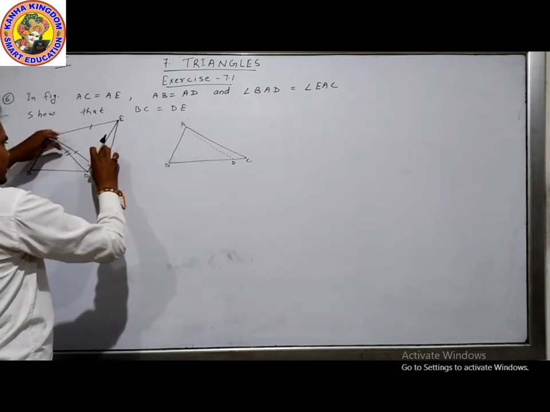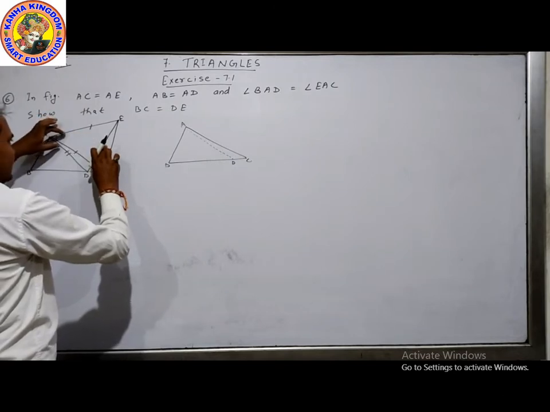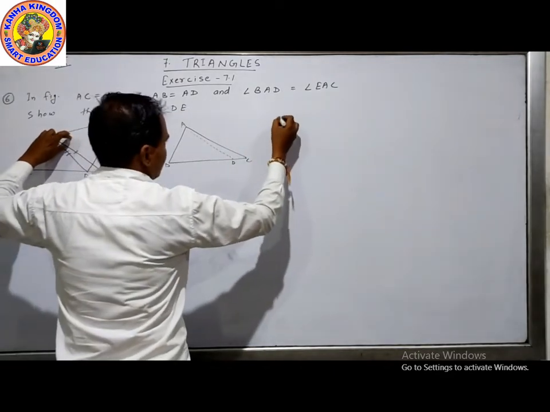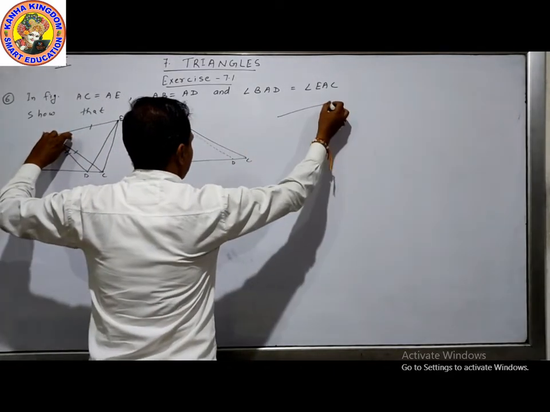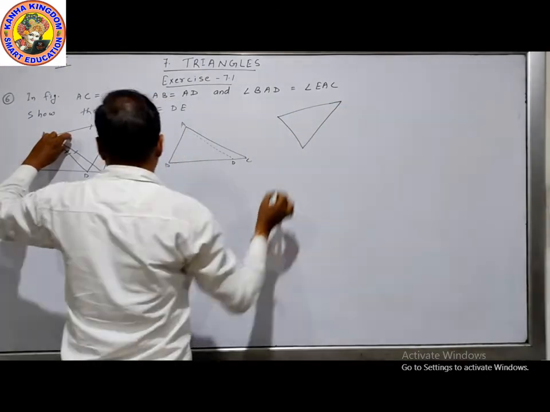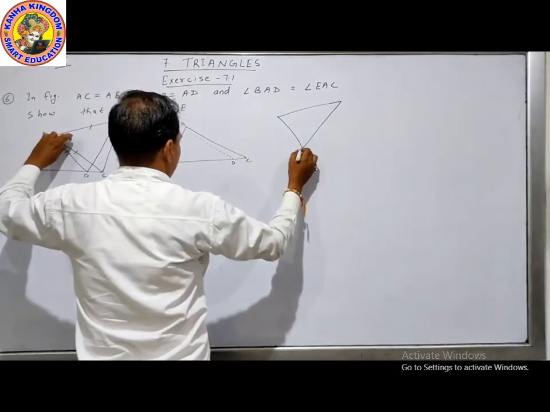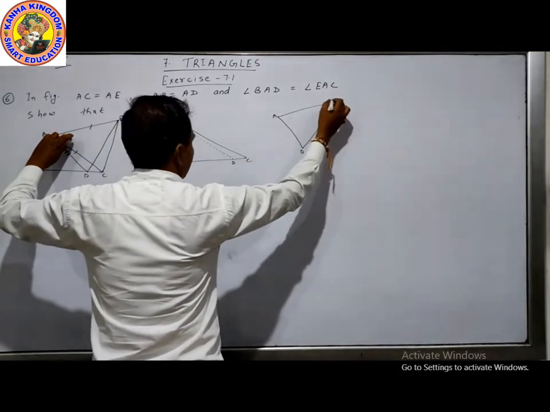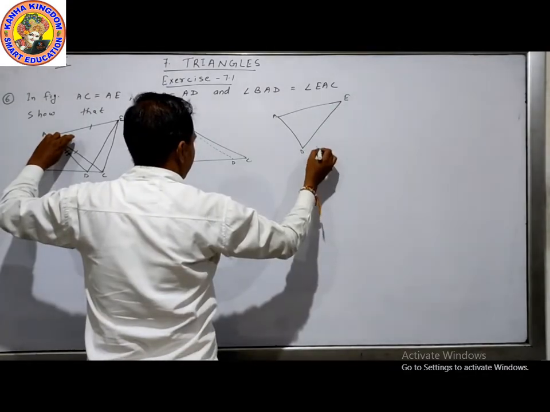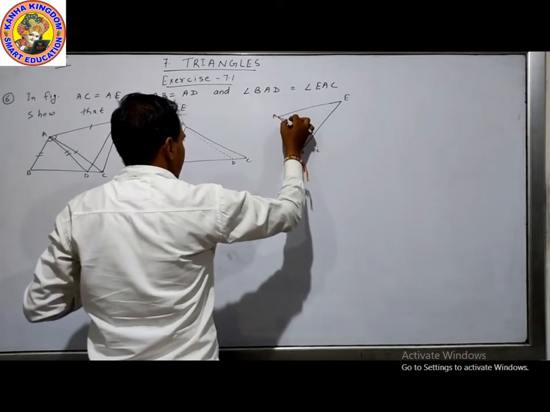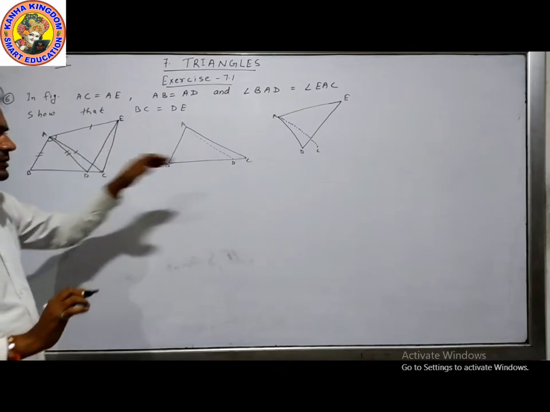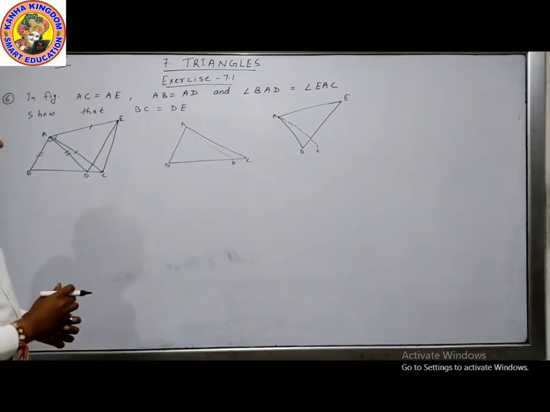So this side and this side make this triangle in two parts. D, A, E, there is point C. I have drawn a dotted line to point C, the AC line.